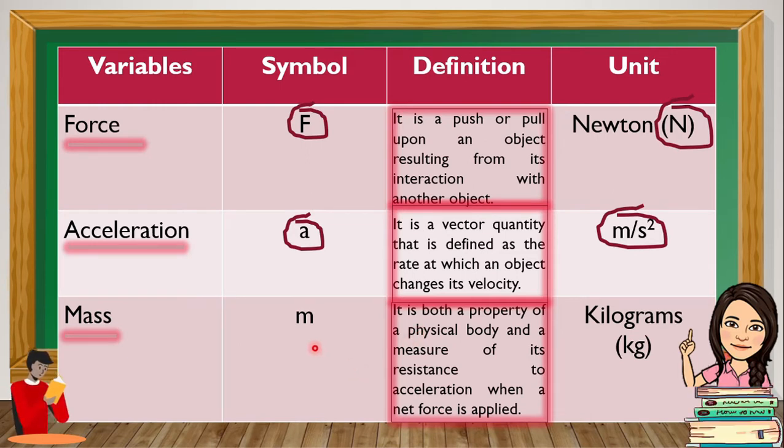Mass can also be expressed in grams. Example, 10 grams, 50 grams, etc. But here, in the law of acceleration, we are going to express mass in kilograms, since it is the standard unit of mass.